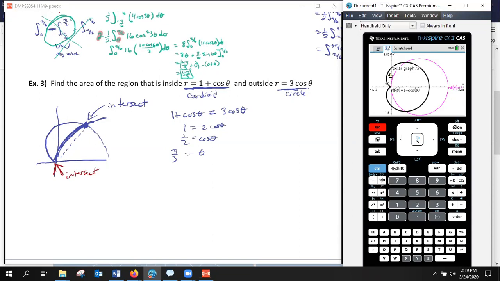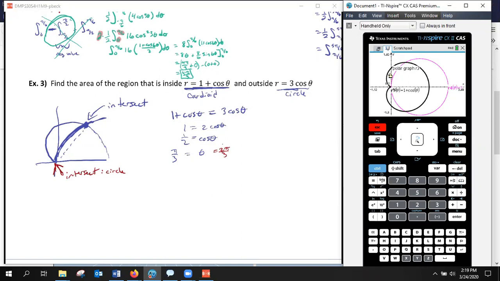For the circle, can anybody tell me where this is for the circle? For the person who asked, why not 2 pi over 3? 2 pi over 3 is not where cosine is 1/2.